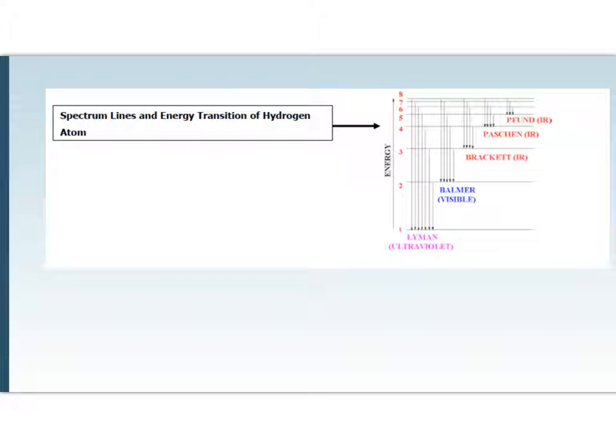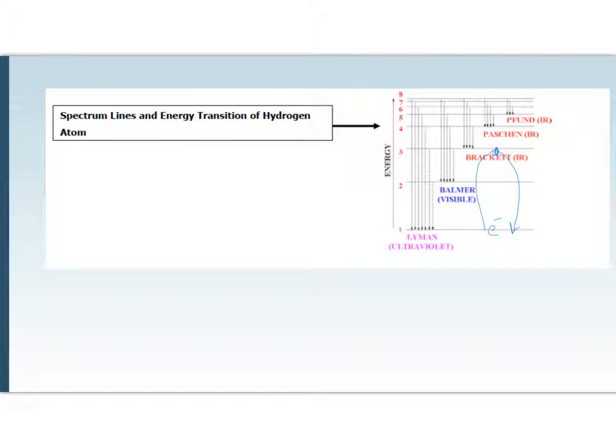Now this graphic indicates the spectrum lines and energy transitions of the hydrogen atom. What is important about this figure is, for example, if you have an electron in the first energy level and you excite it to the third energy level, it goes back to the first one again.